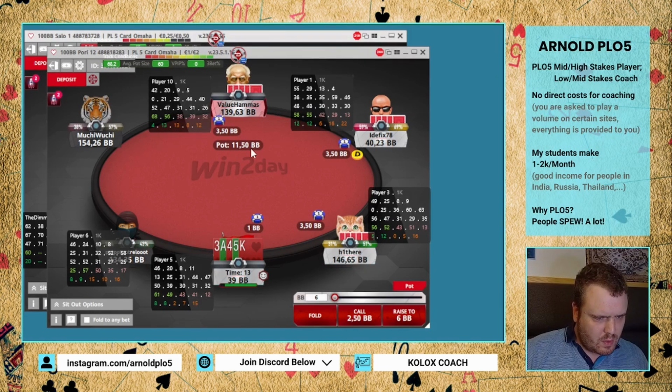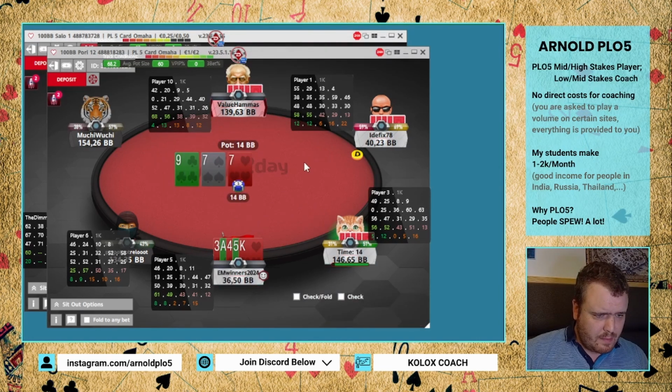so this one is a clear call. I don't think it's a race with the 5-4-3. I could go over the top here, but I think it's better to just call it.